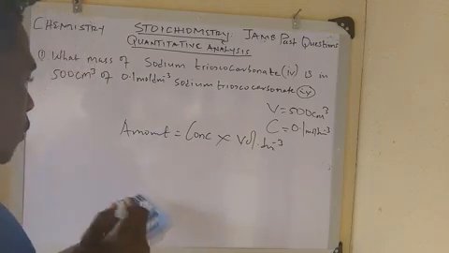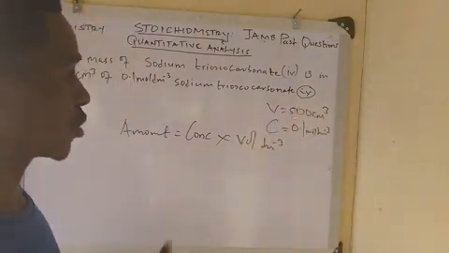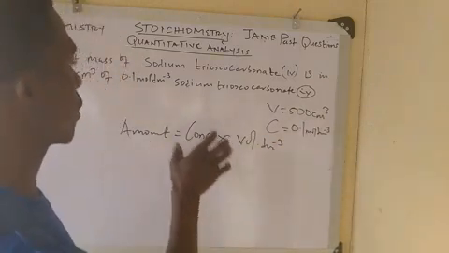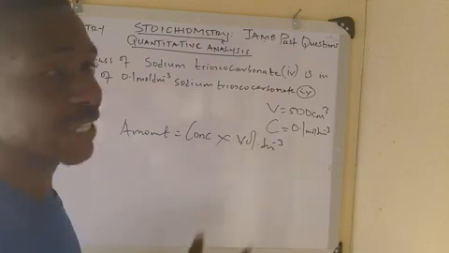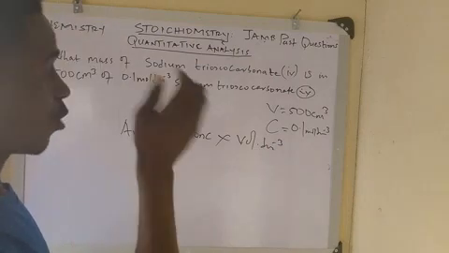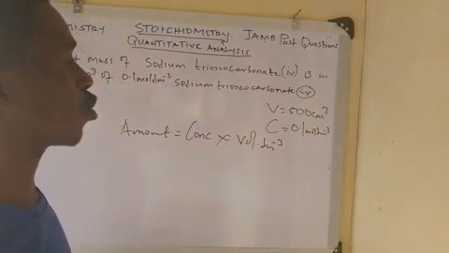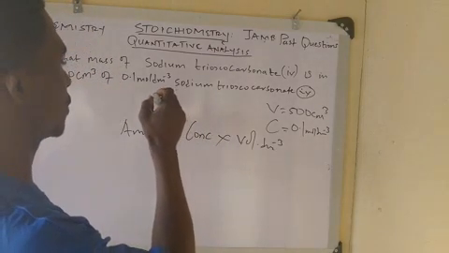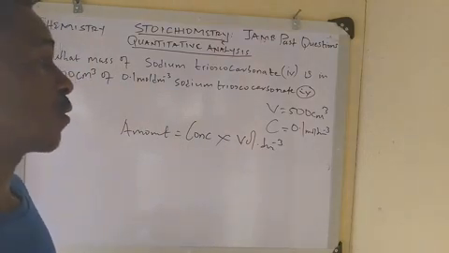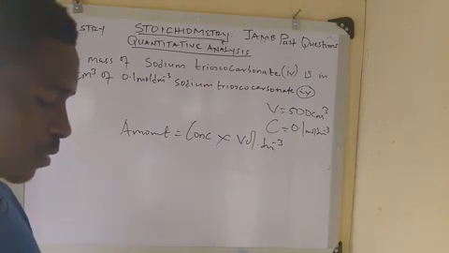So now, we say our volume is 500 cm³ and our concentration is 0.1. But in the formula, we know that the volume should be in dm³, not cm³. So we can go ahead to convert this cm³ to dm³ so that we use it. If I want to convert cm³ to dm³, I divide the cm³ by 1000.